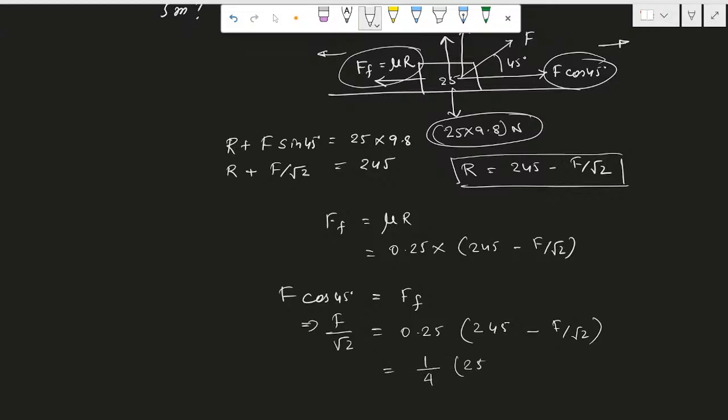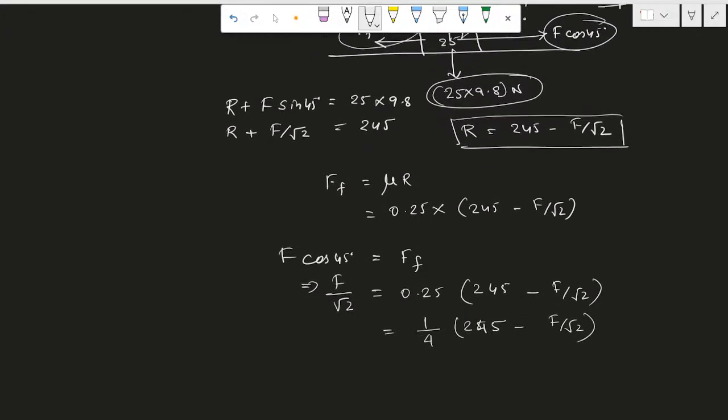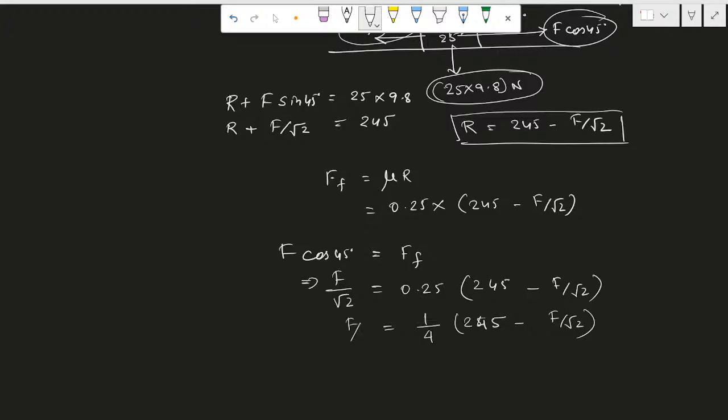Basic simple math, converting from decimal to fraction. 245 divided by 4 comes to 61.25, minus F by root 2 into 1/4.